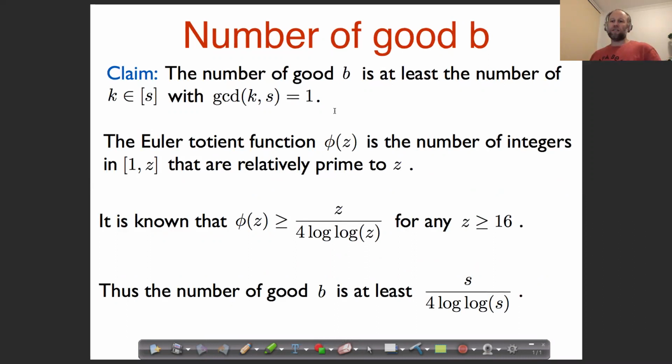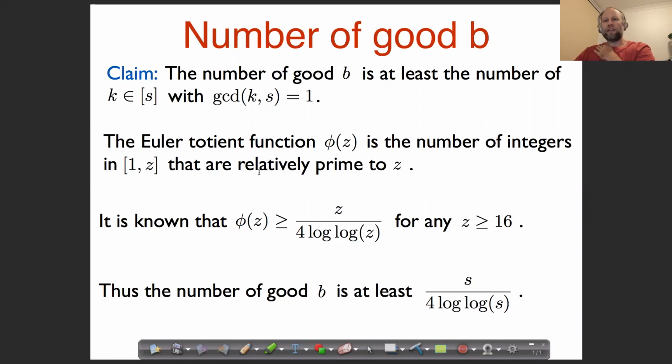Okay, so now let's just lower bound the number of Ks which are relatively prime to S. This is a well-known number theoretic fact. There's a function called the Euler totient function, which counts the number of integers between 1 and z which are relatively prime to z.